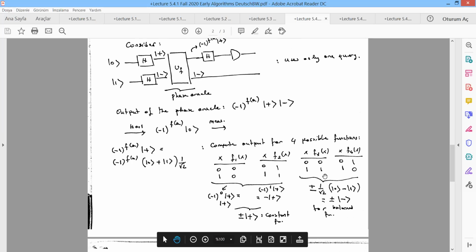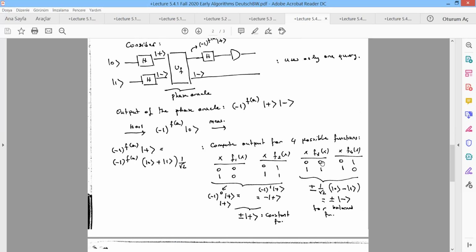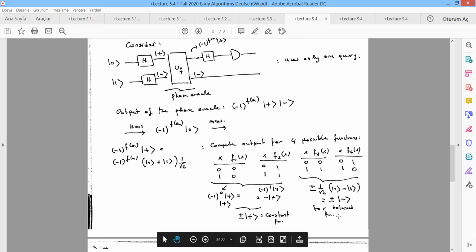Similarly, if you do the same computation for the balanced functions, where the output depends on input 0, 1 or 1, 0, you would obtain a plus minus minus state in the output.